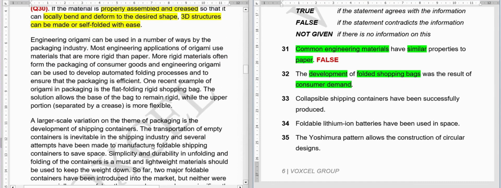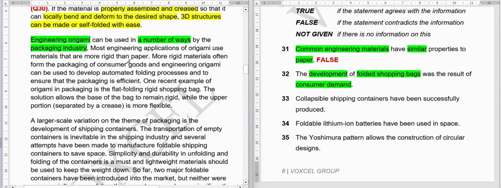Okay, now focusing on this particular paragraph. Engineering origami can be used in a number of ways by the packaging industry. So they are saying that engineering origami can be used in different ways. A number of ways just means different ways by the packaging industry.